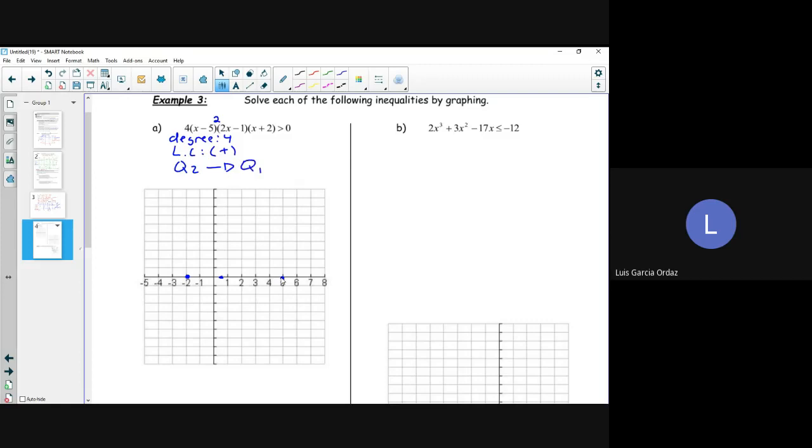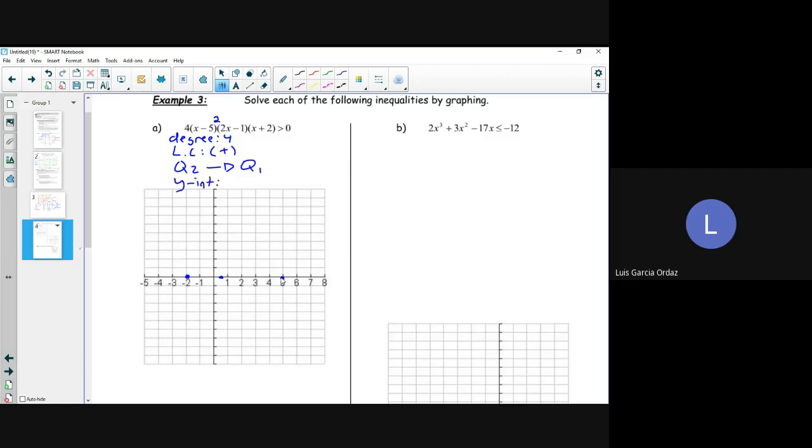What's going to happen to the graph when we hit our root of 5? It's going to bounce. Then we have to figure out our y-intercept.